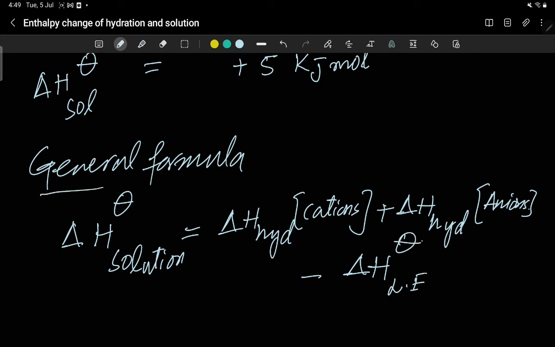So this is the general formula to calculate delta H solution, or delta H hydration of cations or anions, and delta H lattice energy like this.